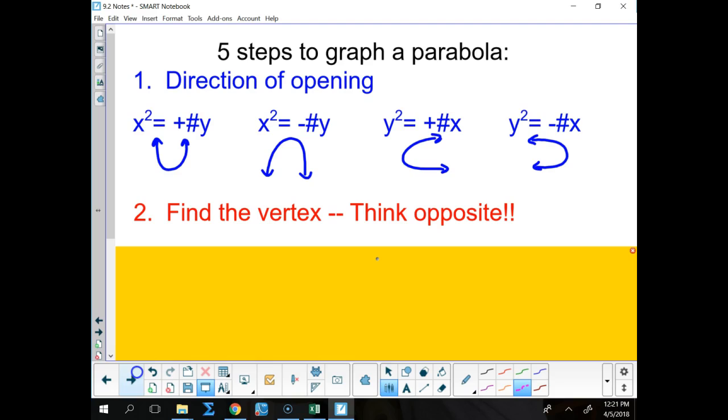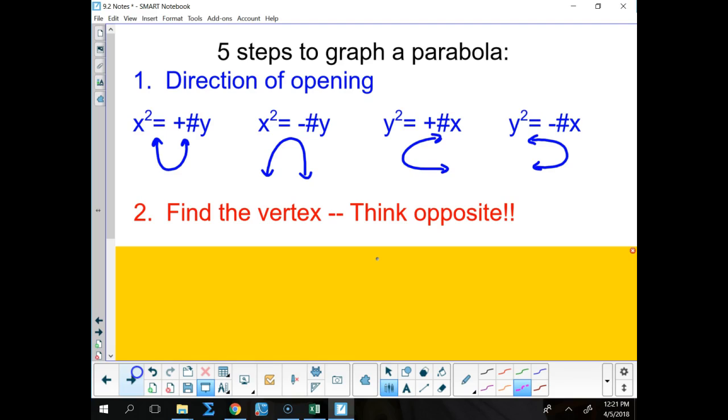We got to think opposite. Right? Inside of parentheses, we think opposite. Okay? So we figured out which way it's going to open. We found the vertex. Now, finding the vertex, that's going to be an answer to a question on every quiz going forward. Okay? That's going to be question number 2, basically.